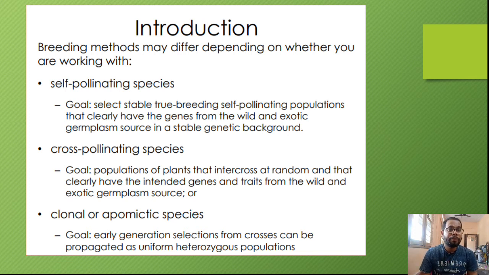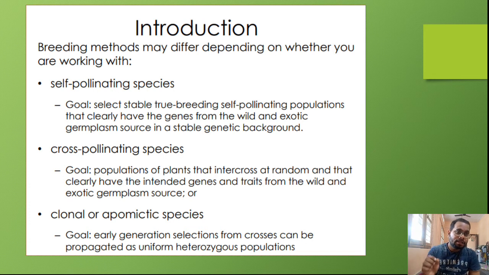In clonally propagated species, there is clonal selection, clonal breeding, where we make a clonal hybridization between two species, suppose potato, sugarcane, or banana. Many horticulture species are also vegetatively propagated species.